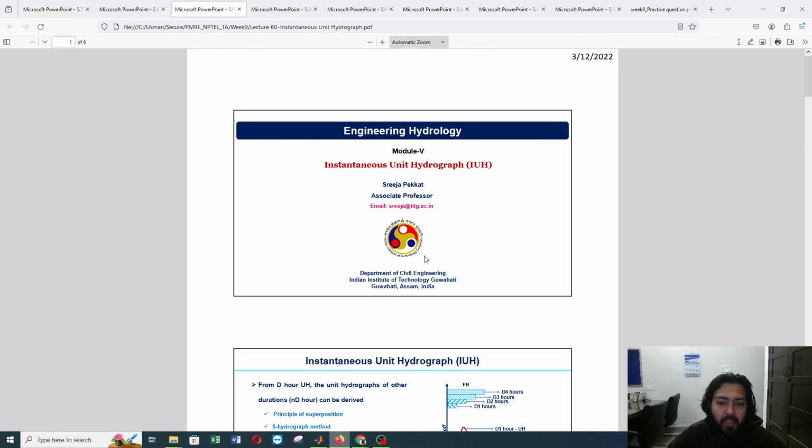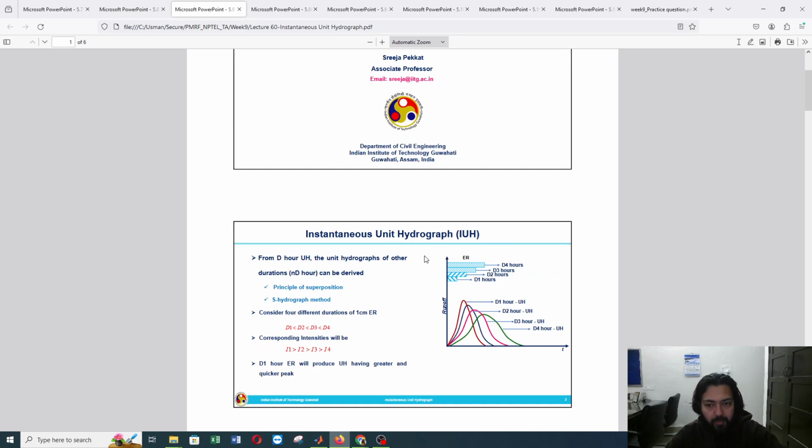Then we talked about instantaneous unit hydrograph. We know the basic difference between instantaneous and unit hydrograph is the input function. For unit hydrograph, the input function is a pulse function, right? That is, there is an input for a particular time period, that is 2 hours, 3 hours, right? But for instantaneous unit hydrograph, the input function is the impulse function, and we know that the impulse function is for any instant time tau, right?